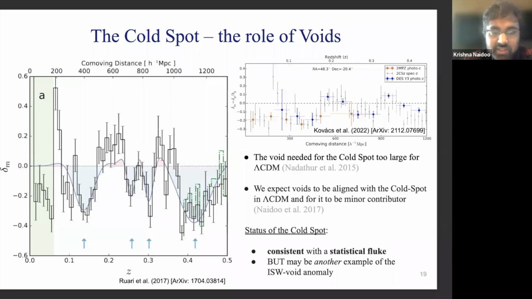However, in lambda CDM, you actually expect the cold spot to be aligned with voids anyway, and for the ISW to have a minor contribution to the cold spot feature. So far, it seems like the cold spot is perfectly consistent with lambda CDM. But if we take it in the context of the ISW-void anomaly, it might be another example of this effect.